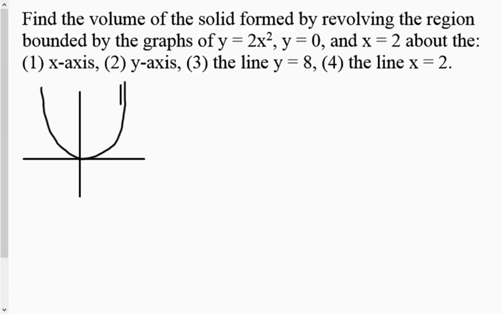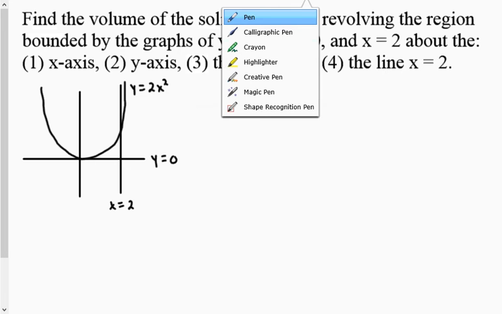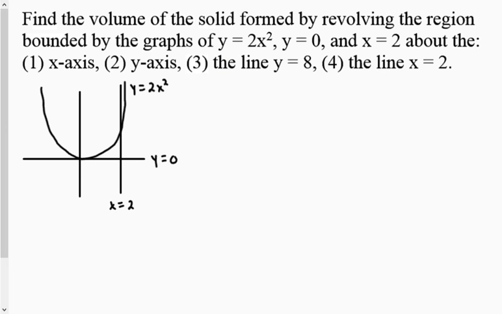Ooh, almost messed myself up. Right there's x equals 2. So we've got x equals 2, y equals 0, and y equals 2x squared. We want the region bounded by that. So again, that's going to be bounded by this above, this below, and this on the right. So we're talking about this region right here.